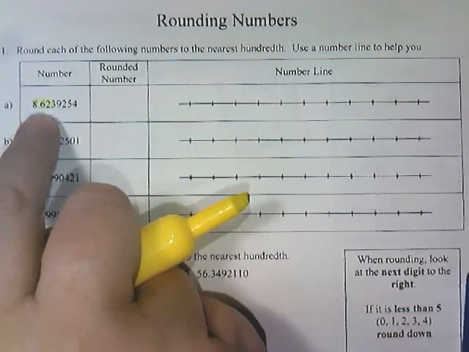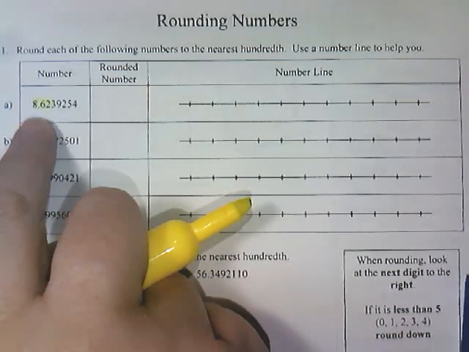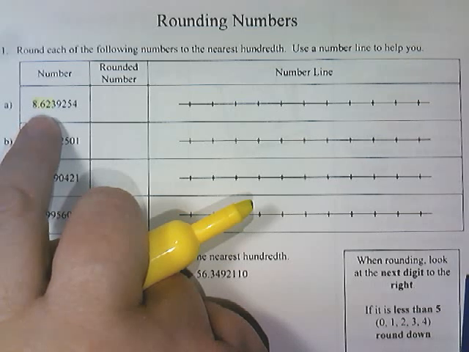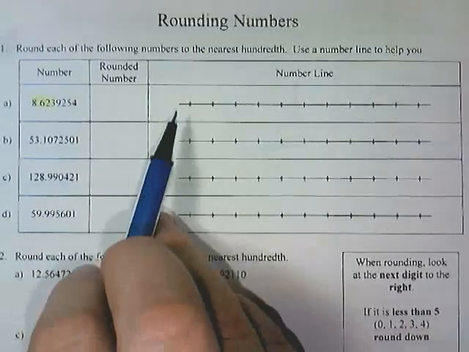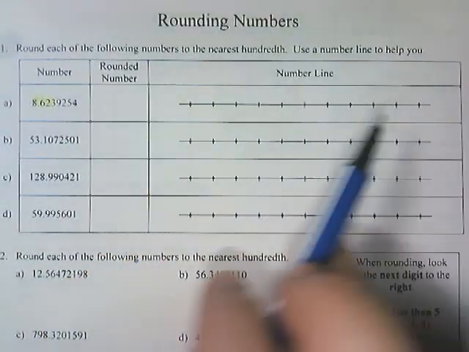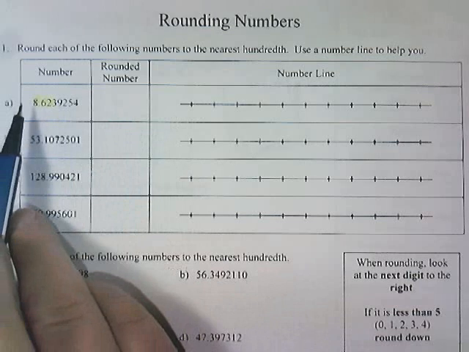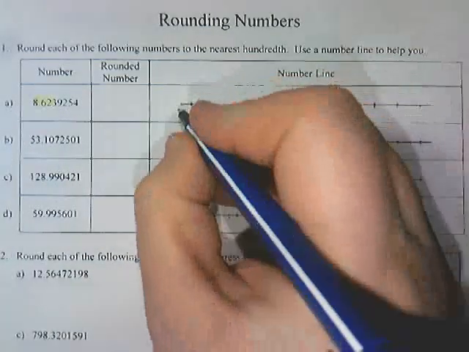What I need to decide is whether this number is going to stay at 8.62 or whether we would round it up to 8.63. And in order to do that, we're going to do a little experiment with a number line. I'm going to look at this number line here, and on this end, I'm going to mark 8.62.